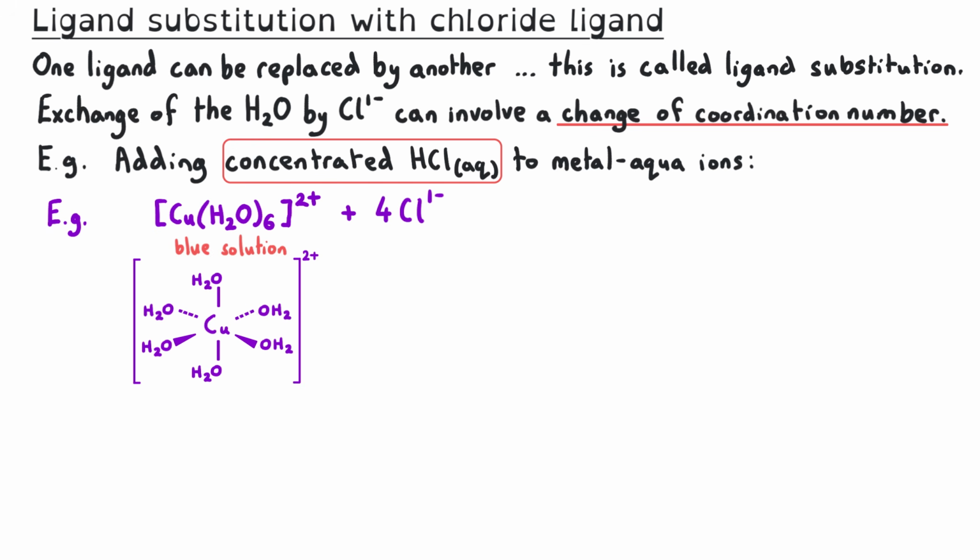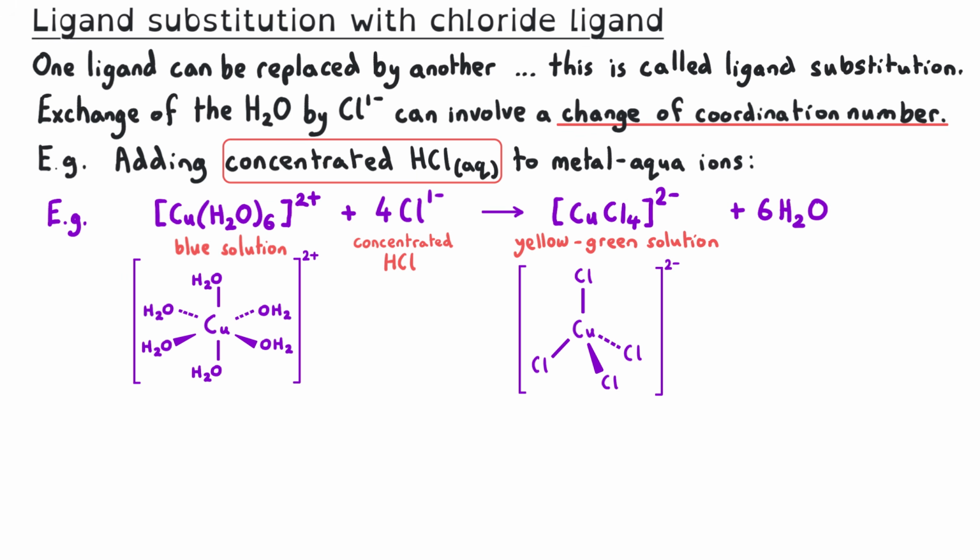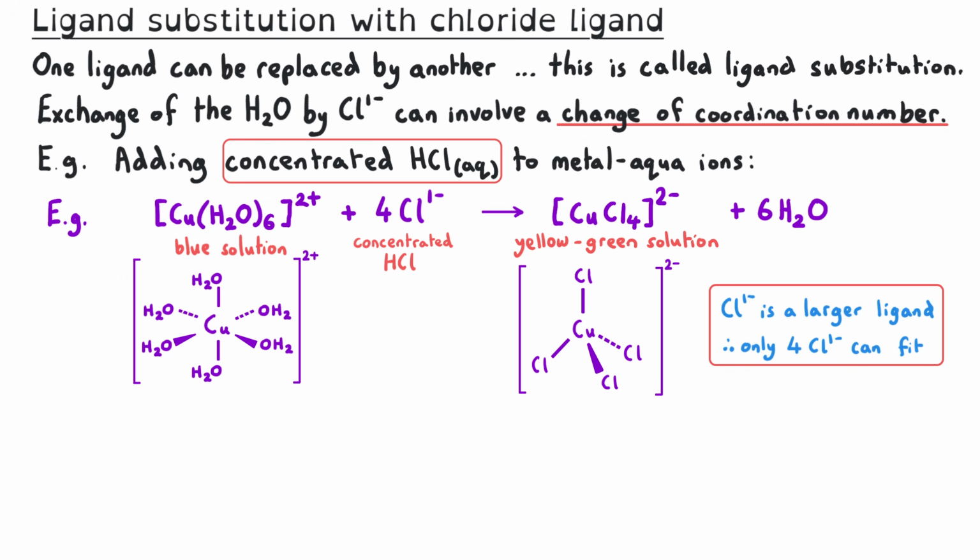If we start with a blue solution of hexa-aqua-copper 2+, and we add concentrated hydrochloric acid, what will happen is all 6 of those water ligands will be removed from the complex, and they will be replaced with 4 chloride ions as ligands instead. And so the equation shows the 4 chloride ions being added and the 6 water molecules being removed. And of course the complex changes as a result.